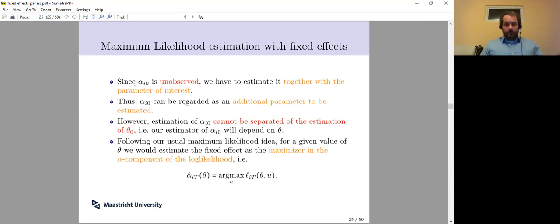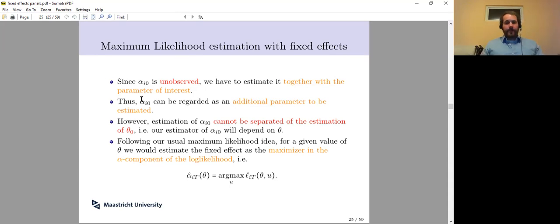So what we have to do is that actually we have to estimate alpha together with the parameter of interest theta. So we have to estimate what effect alpha has. Now, because of this estimation step, we can actually regard alpha as an additional parameter, right? This is maybe a little bit confusing.